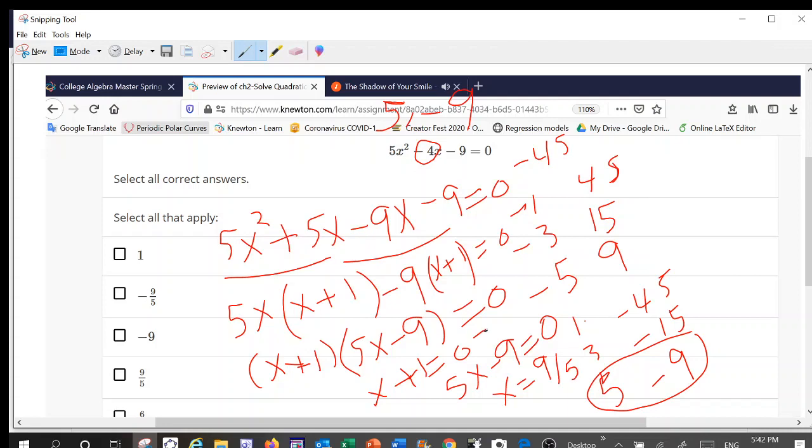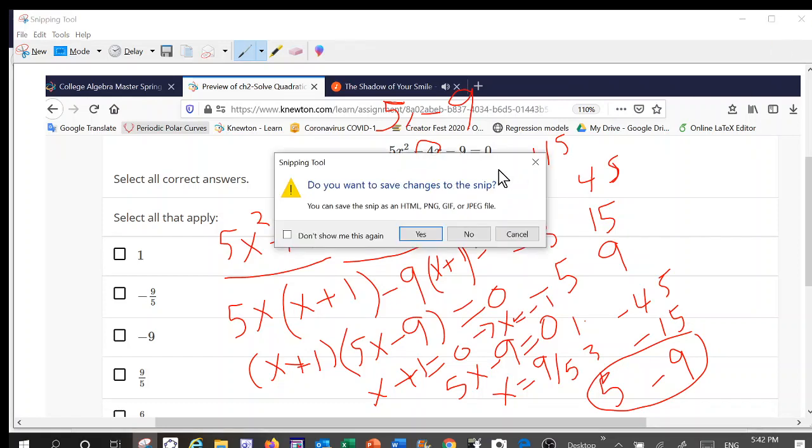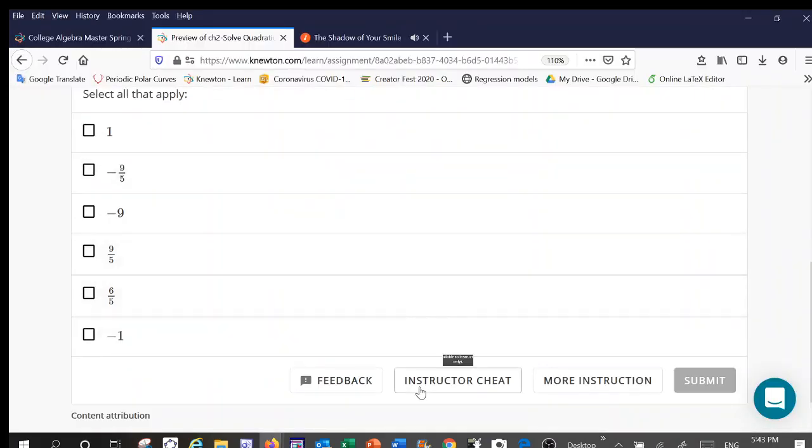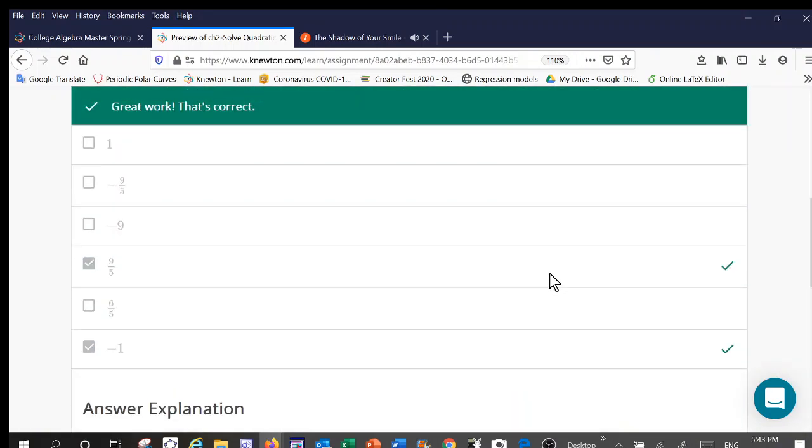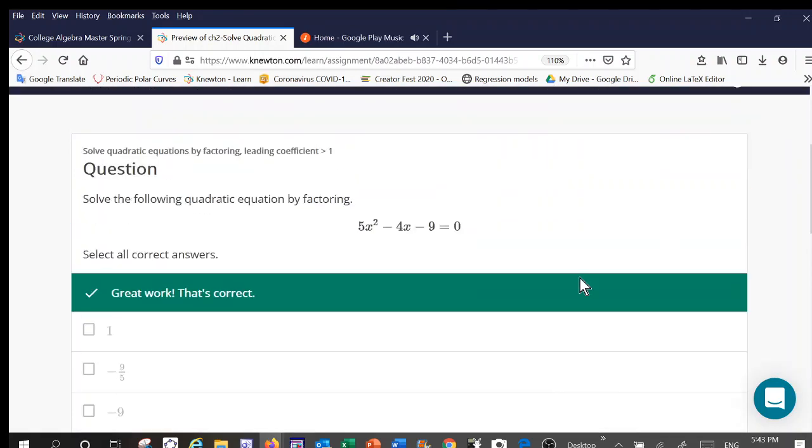And this one, of course, gives us x equals -1. So the answers are 9/5 and -1. All right, so that's how you do it by factoring.